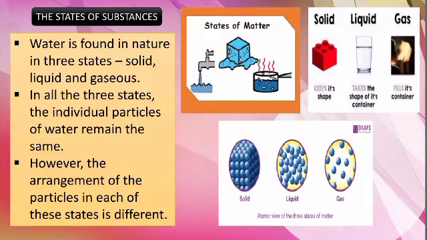However, the arrangement of these particles in each state is different. That means in solid it is more, in liquid it is less, and in gaseous it is more or less as compared to liquid. You can see this in your textbook on page number 129, as well as on the slide. You will see these three states and the presence of particles in each state.